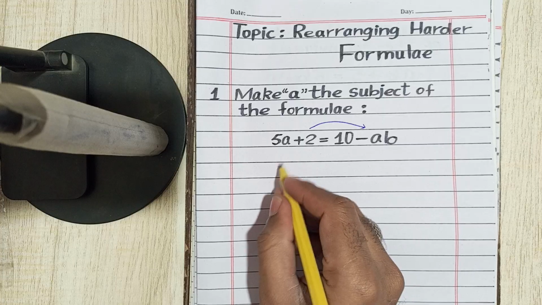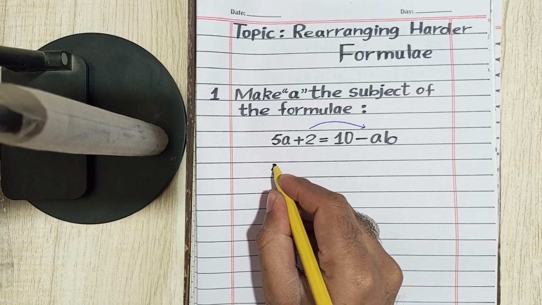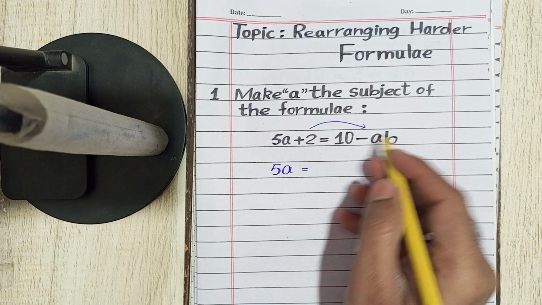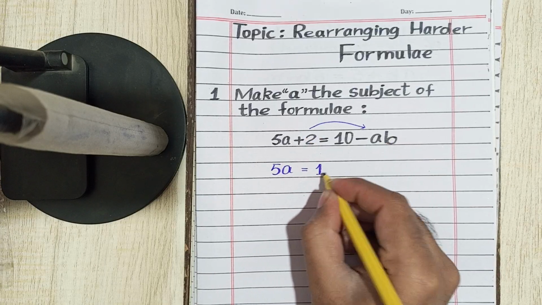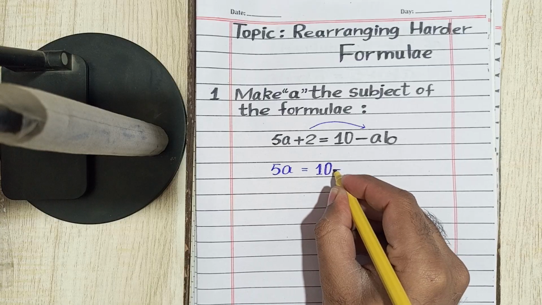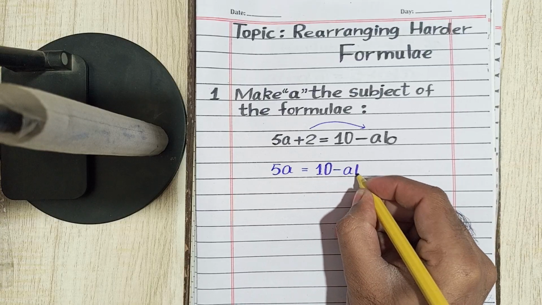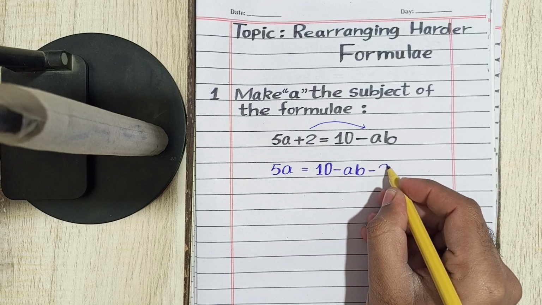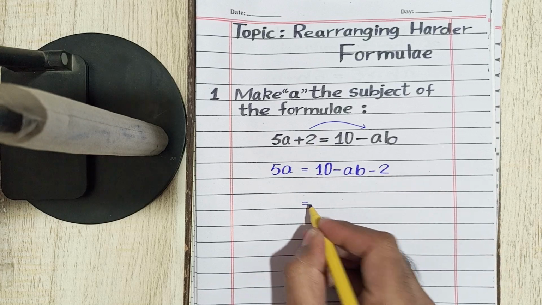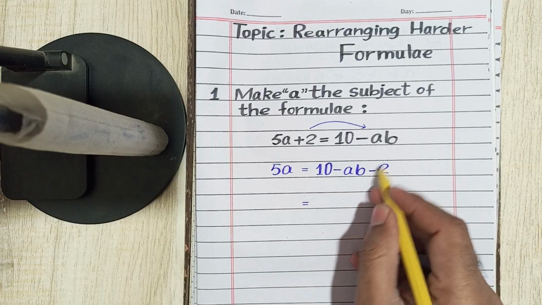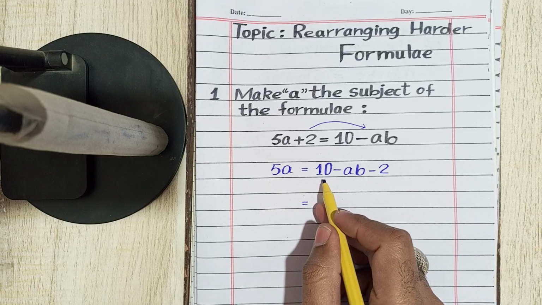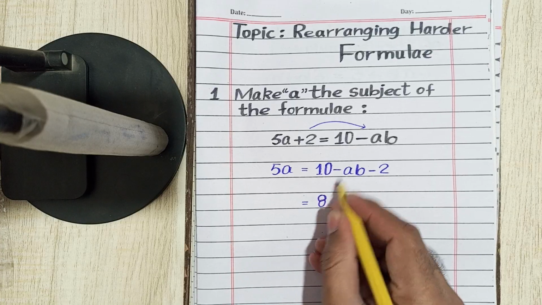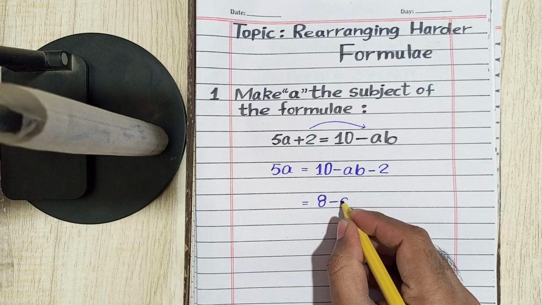If we move this plus 2 to the other end, then we have 10 minus ab, and this plus 2 becomes negative 2. So now here we have 10 and here we have minus 2. So 10 minus 2 we have 8, and here we have minus AB.